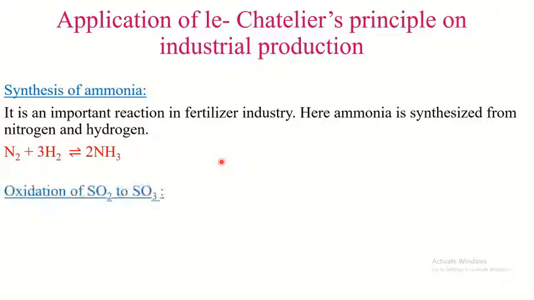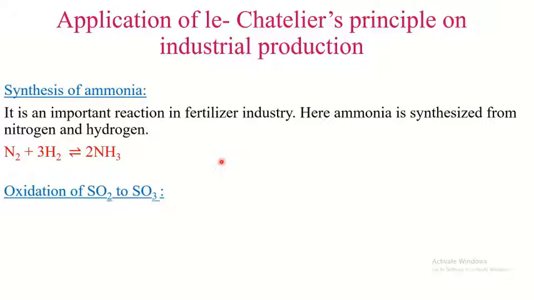Another important reaction is the oxidation of sulfur dioxide to sulfur trioxide. You know, sulfuric acid is an important compound in different industries like the pharmaceutical industry and fertilizer industry. Sulfuric acid is produced from sulfur trioxide.